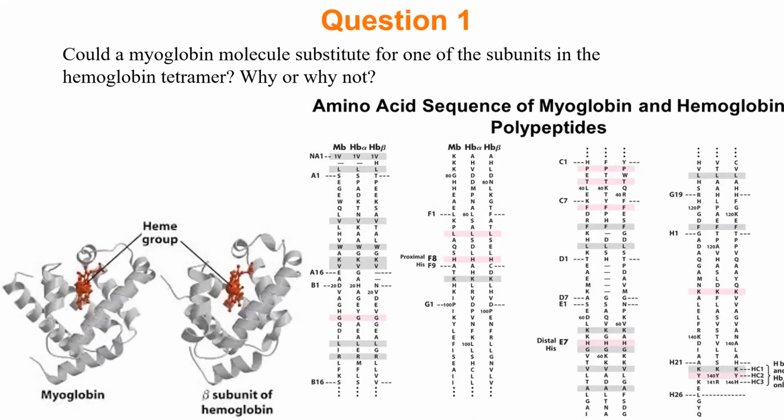So let's do some critical thinking now. So here's a question for everybody. Myoglobin and hemoglobin look more or less the same. At the bottom here, I'm showing a picture of myoglobin, and I'm showing one subunit of hemoglobin, a beta subunit. And they more or less look the same, right?